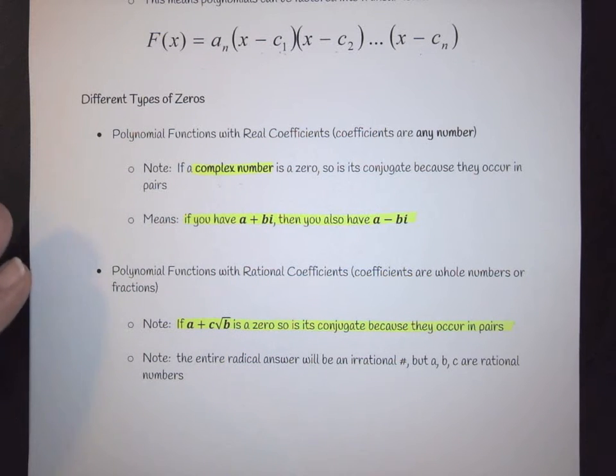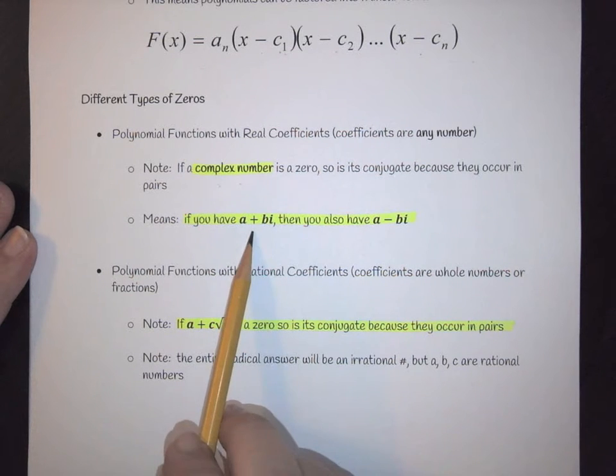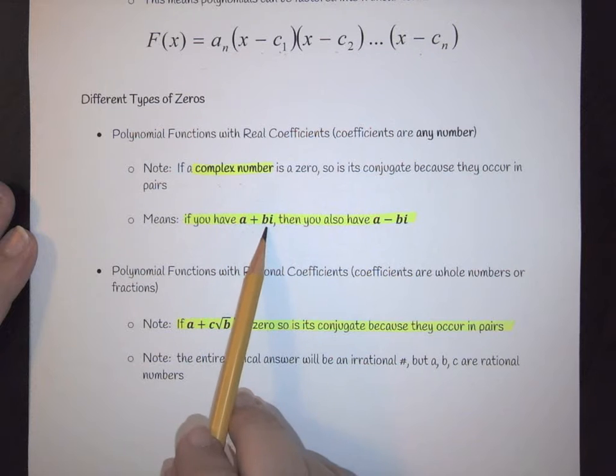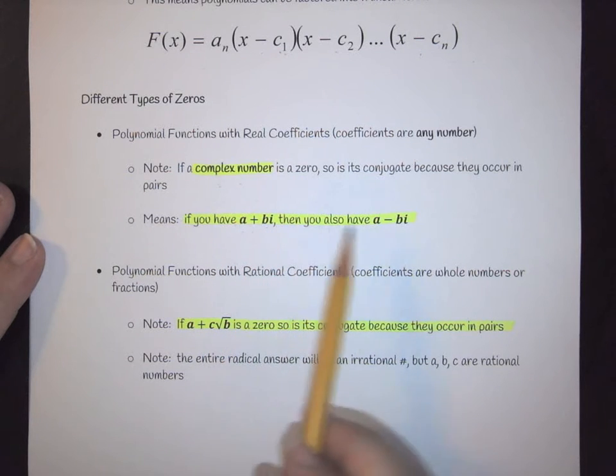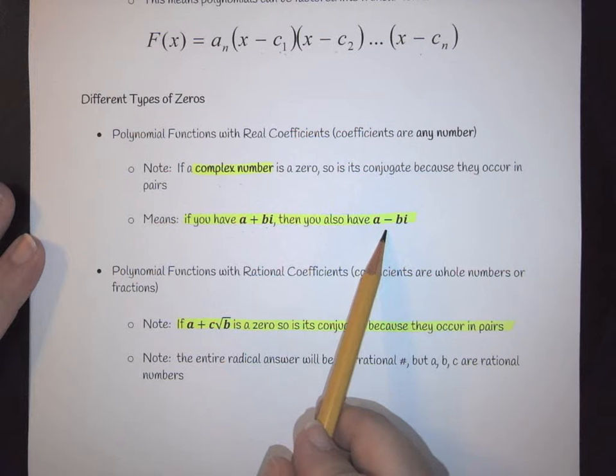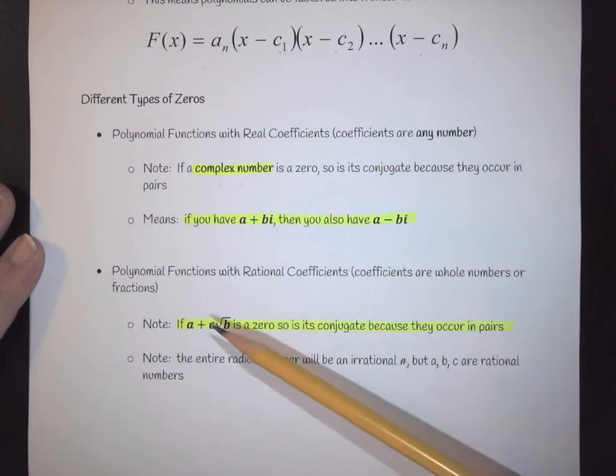Remember, complex deals with the imaginary. If you have a complex number as a zero, you need to always remember they come in pairs. In other words, if you have the positive a plus bi, then you automatically know your second zero has to be the negative. They always come in pairs. And that's the same when we're dealing with radicals.